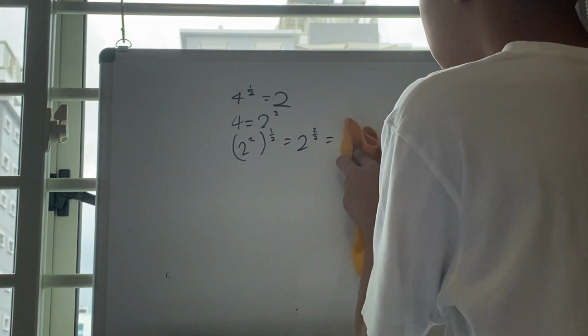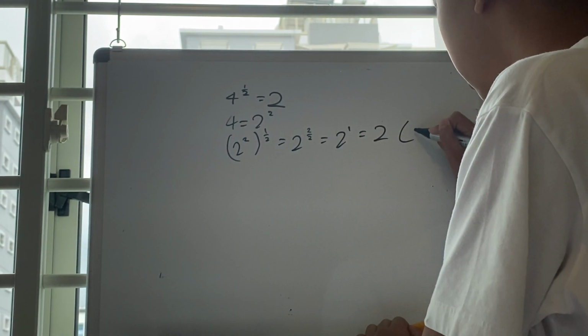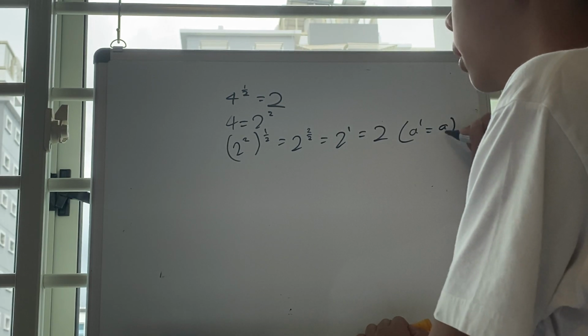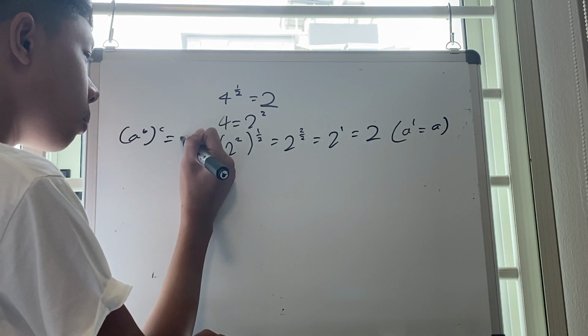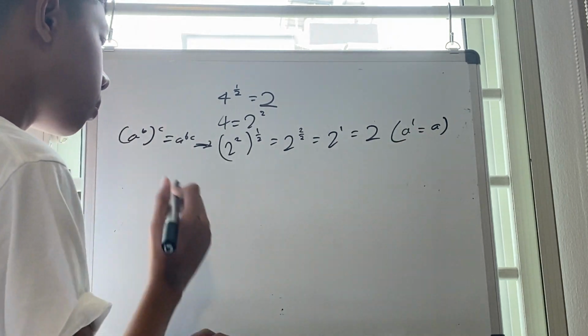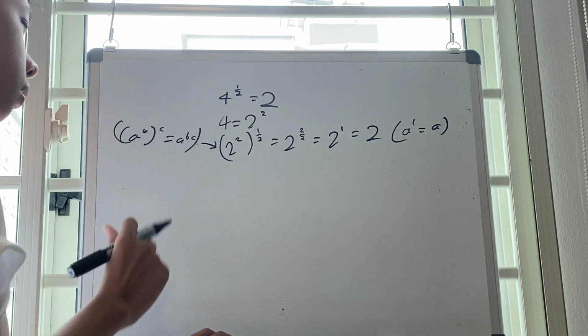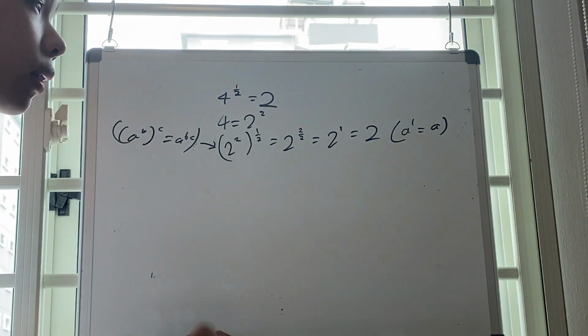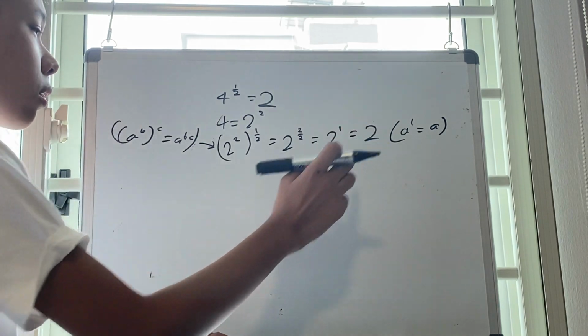No, sorry, not 1. 2 power 1 equals 2, because a power 1 equals a. And this one is because this implies this, and also this implies this, equating to this.